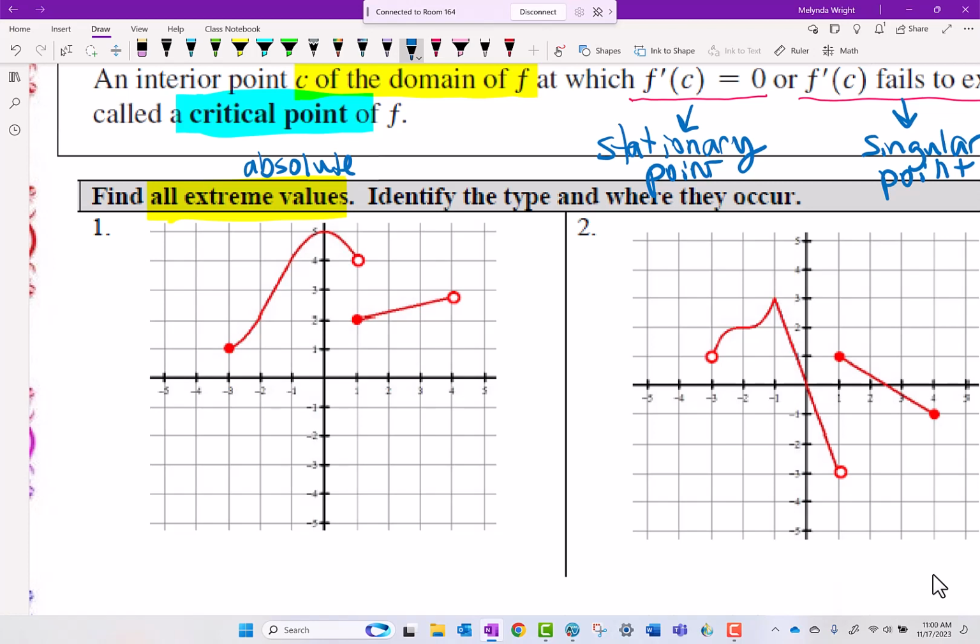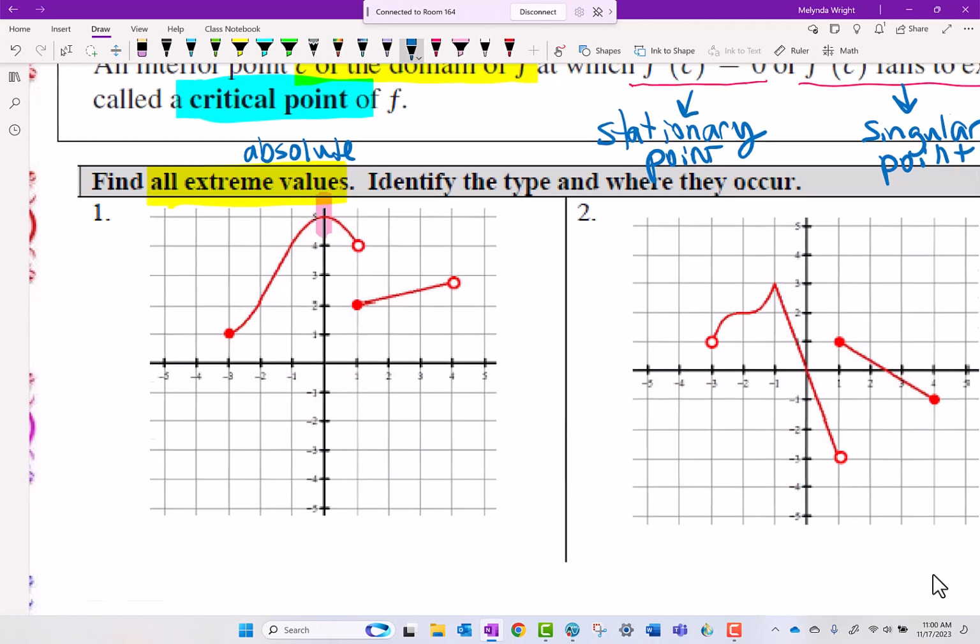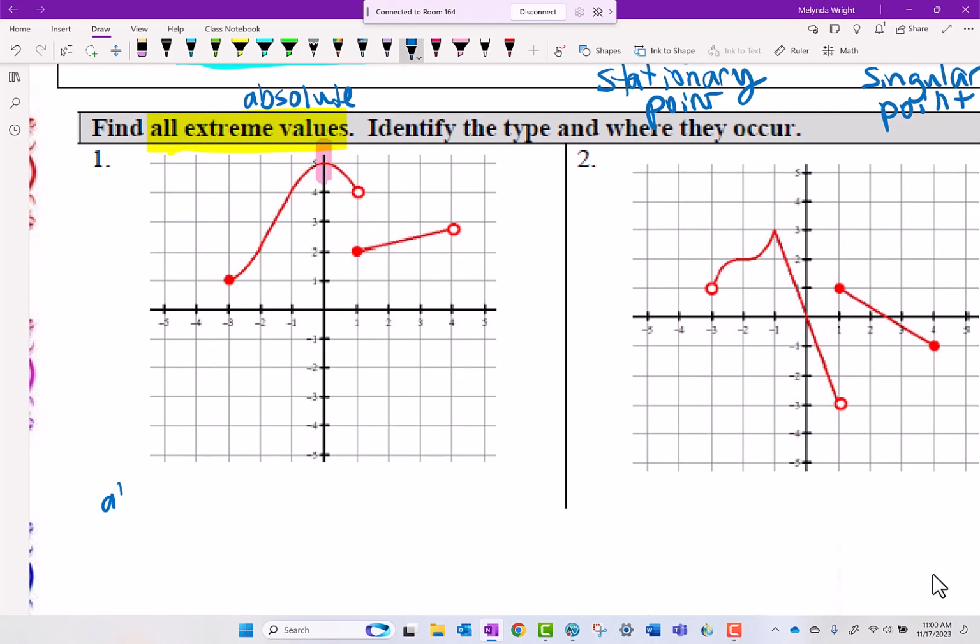So let's look. The very tallest y value looks to be right here. That's the very tallest y value, so that is going to be our absolute max, and it's that y value, 5.